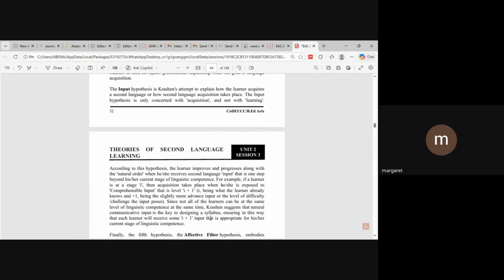Right. Now, by implication, at every level, when you are designing the syllabus for example, you have to take note that first, there is a level with which the learner can learn a language. And at each level, you have to increase or add to what they already know.